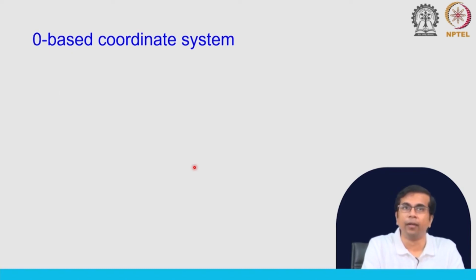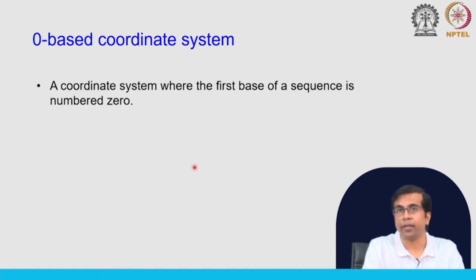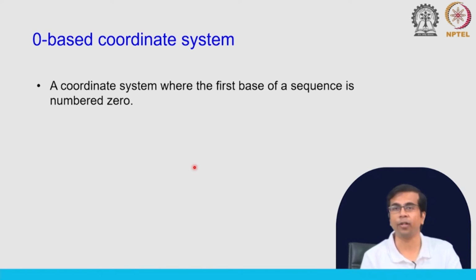And as I mentioned, there is a zero based coordinate system where the first base of a sequence is numbered 0. Instead of starting from 1, you start from 0, and if you are familiar with programming, in some cases we actually start counting with 0, not with 1. This system uses the same kind of idea.